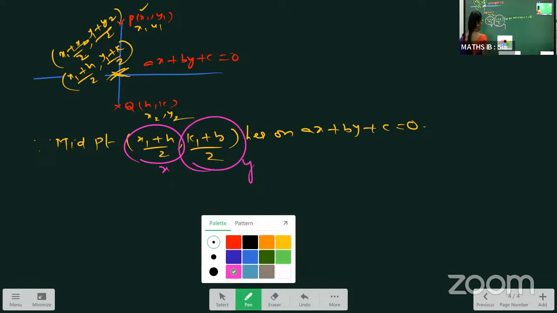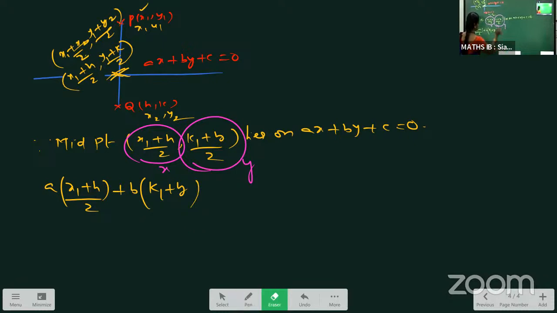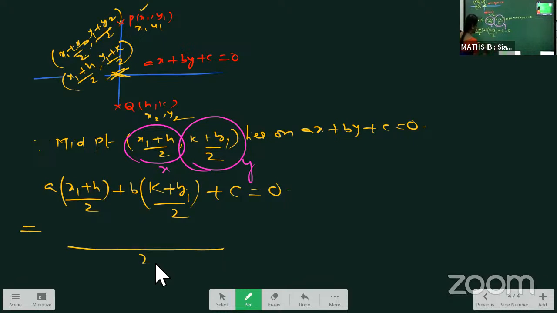Then what will happen is a into x value, x1 plus h by 2, plus b into k plus y1 by 2, plus c is equal to 0. Now, take the LCM, it will be 2.